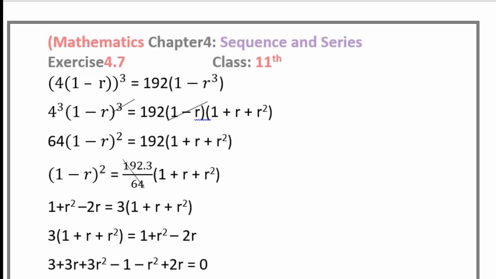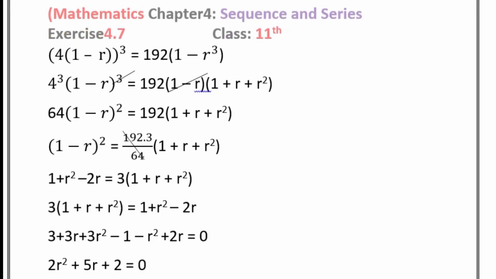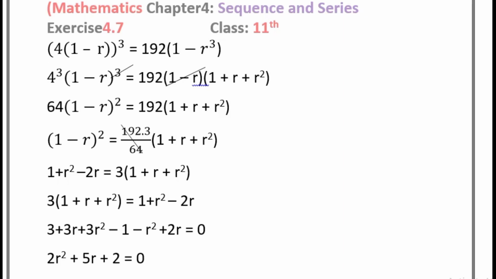So 3r square minus r square is 2r square, and 3r plus 2r is 5r, and 3 minus 1 is equal to 2. So 2r square plus 5r plus 2 is equal to 0. Splitting 5r as 4r plus r: 2r square plus 4r plus r plus 2 is equal to 0.